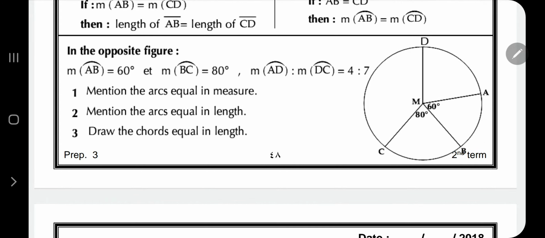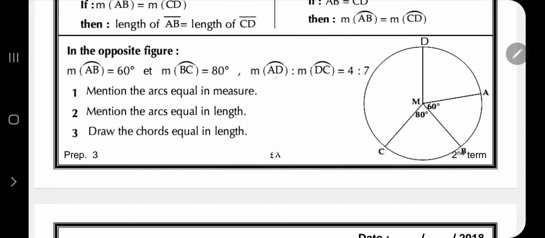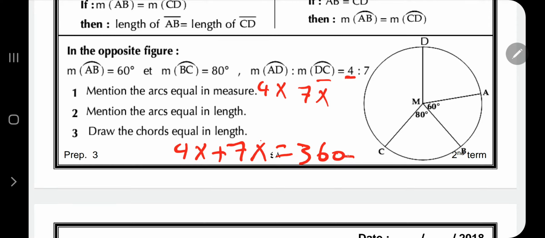The next one. As you know, both angles equal 140. So the remainder two arcs equal 360 minus 140, which is equal to 220. I will use this ratio: AD equals 4x, DC equals 7x, so I will write 4x plus 7x equals 360 minus 140, which is equal to 220.